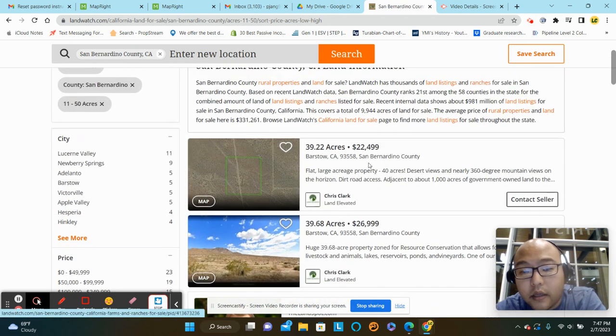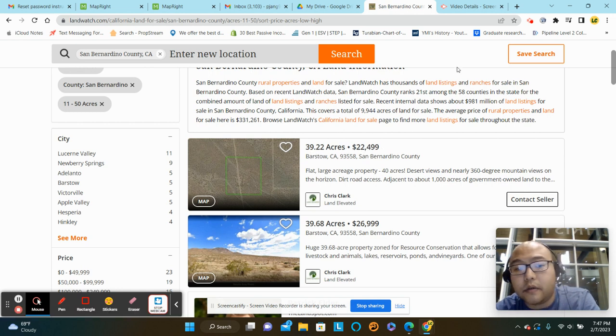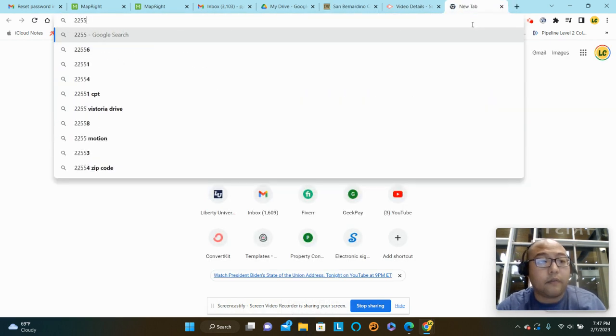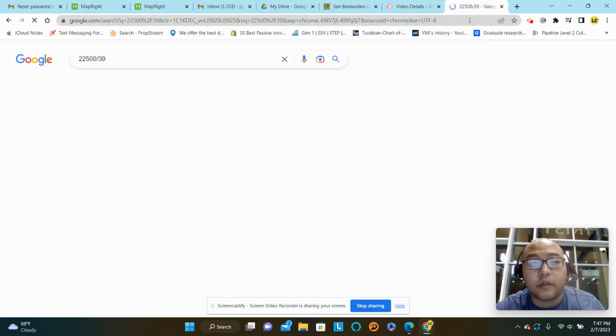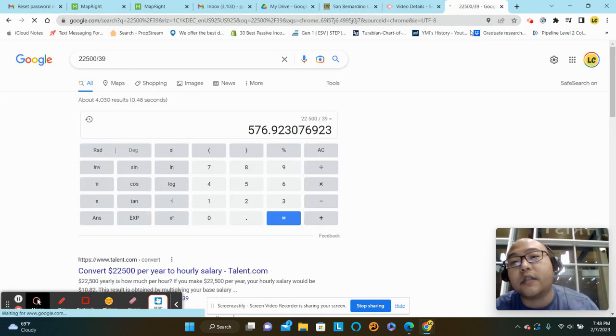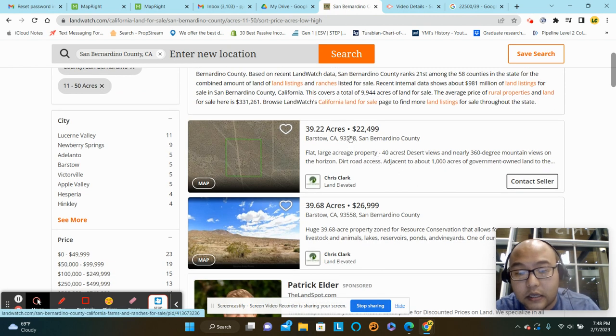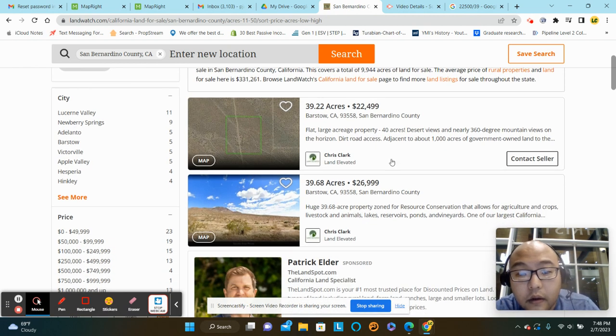And if you do the math on this for 39 acres, he's pricing it a little bit under a thousand per acre. So what is this? 22,500 divided by 39 acres? 576 per acre, right?